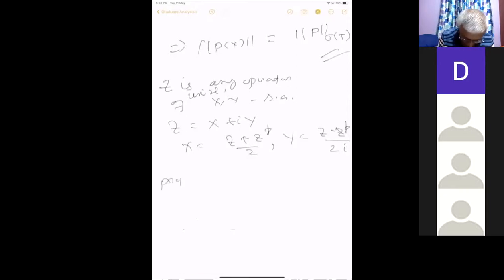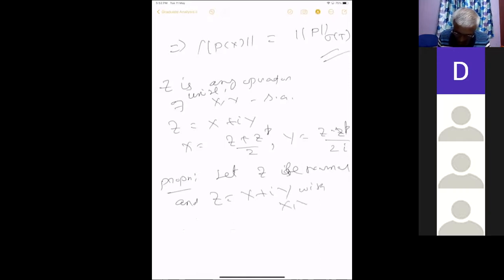So now we want to prove the following. Let Z be an operator in B(H). Then let Z equal X plus iY with X, Y self-adjoint.